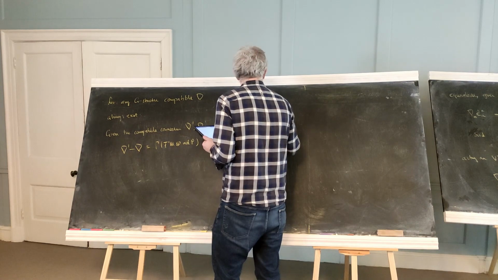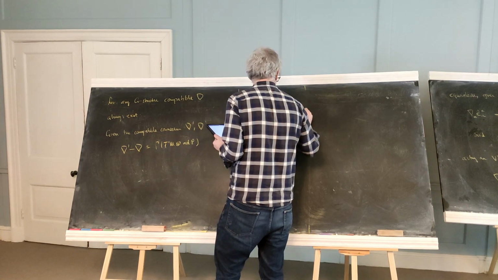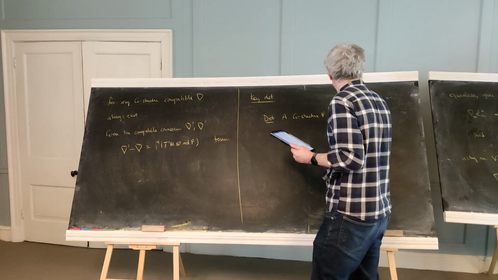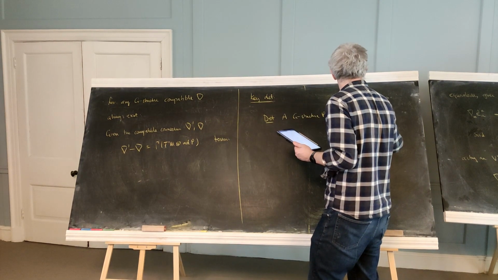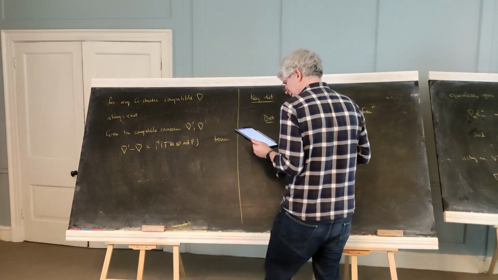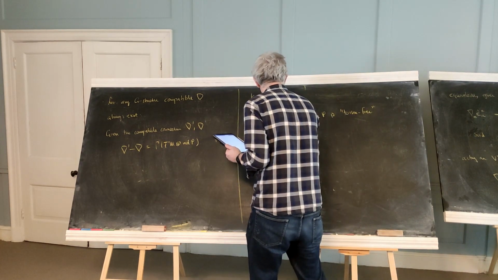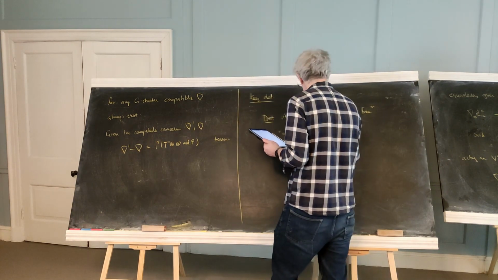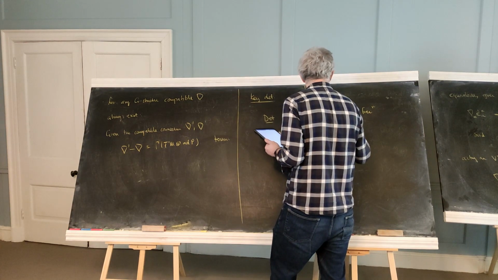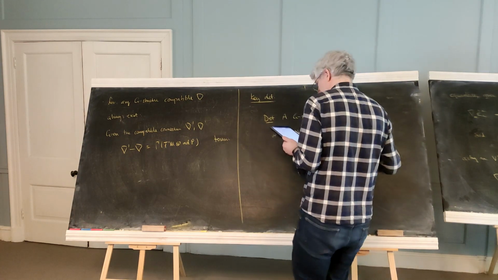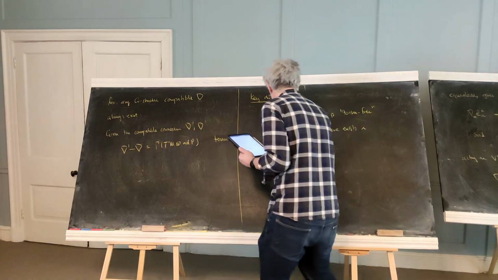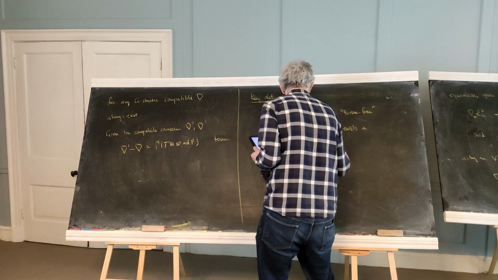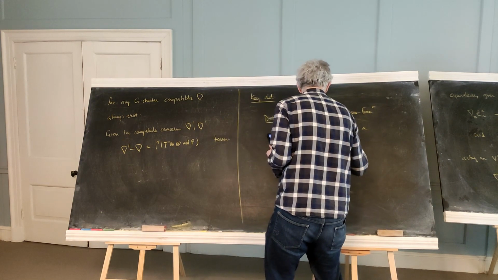We define a G structure P to be torsion free, or integrable, same thing, if there exists a torsion-free compatible connection.